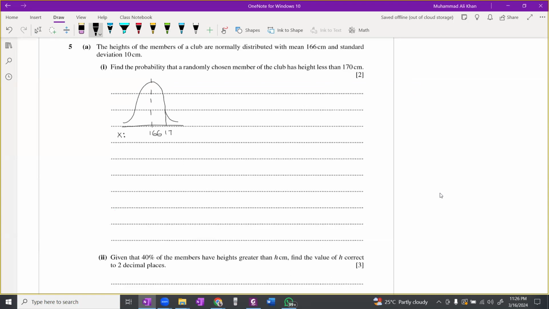But we can't do this question before we convert all the values into the values of z. So according to z, the mean is always 0. And for this, again, we use the formula x minus mean divided by standard deviation. Standard deviation is 10. So what is the answer?